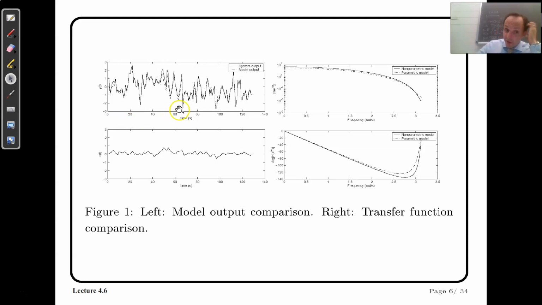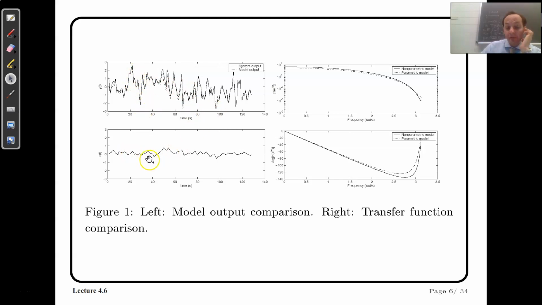As in this case, you can see here the comparison between the system output and the model output. The maximum and the minimum of the output is in between, let's say, 3 and -2.